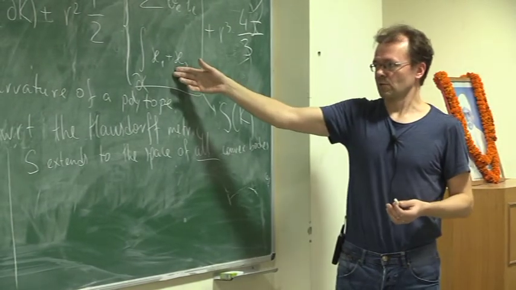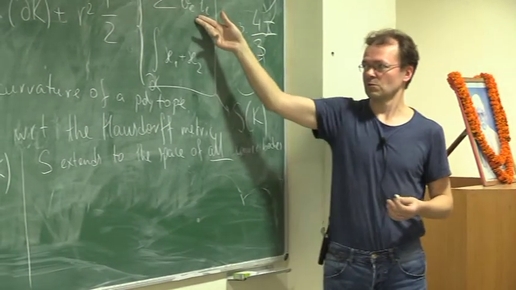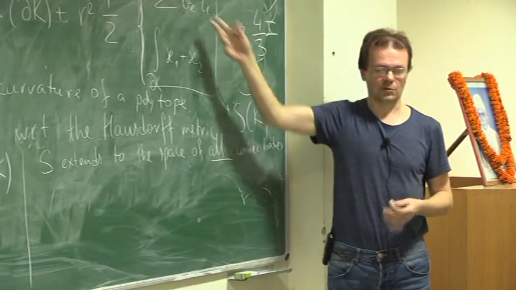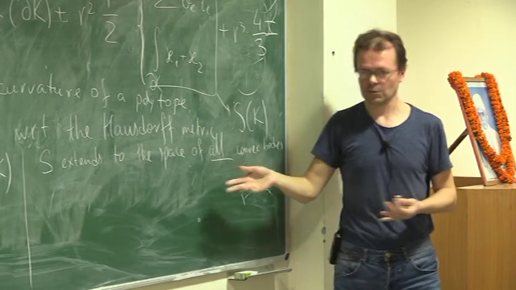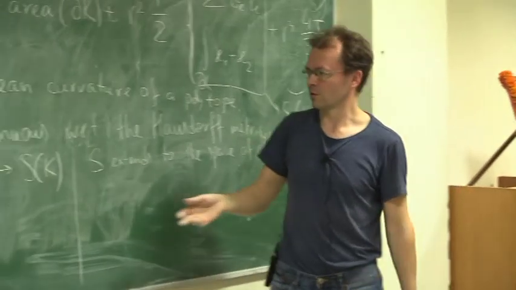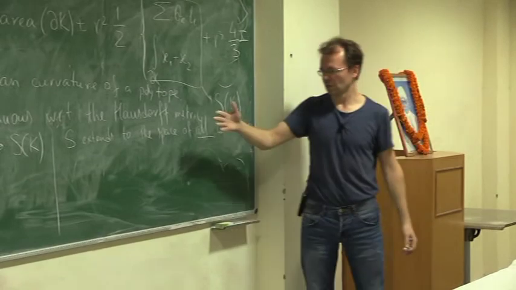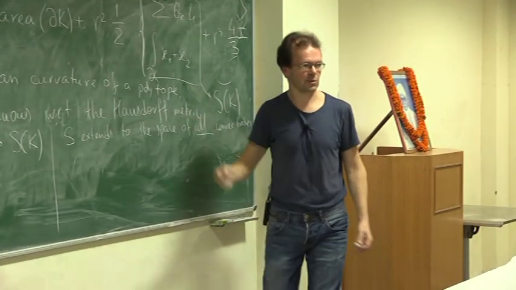It is defined pointwise, of course, in the smooth case, but it is not defined pointwise here. So here the curvature is concentrated at the edges. And in the general case, for some arbitrary convex body, this will be some measure whose integral is this function S, and which is continuous with respect to the Hausdorff metric on the space of all bodies.